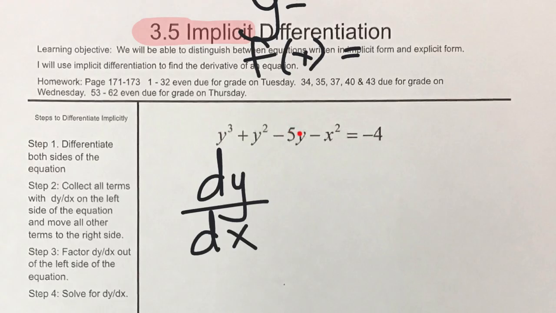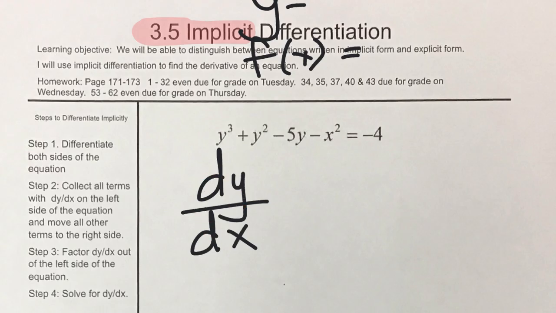But when there's not an x involved, like anytime we have just a y, taking the derivative of a y thing, we're going to do just like we do for an x. So like the derivative of y squared is 2y to the first power, but then we're going to multiply it by this dy dx.